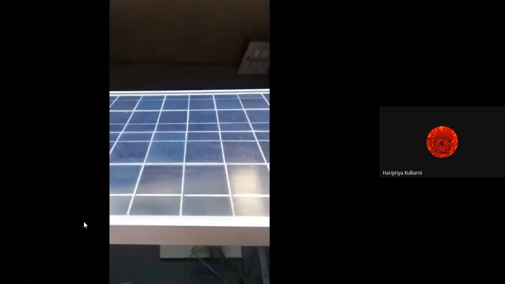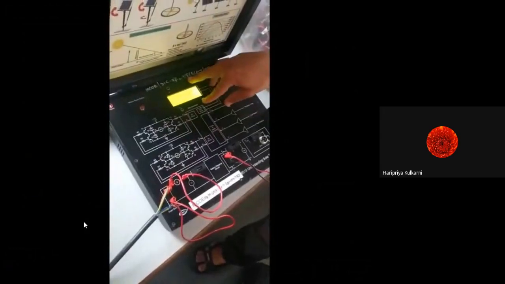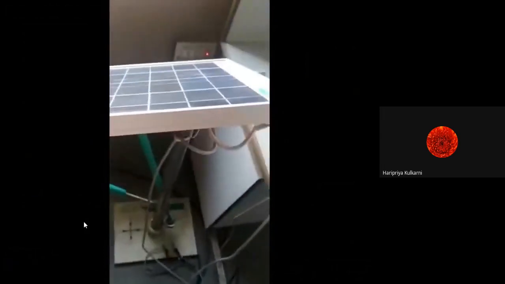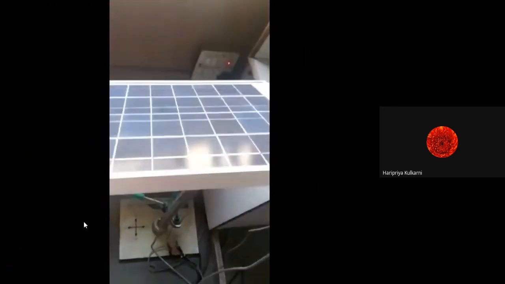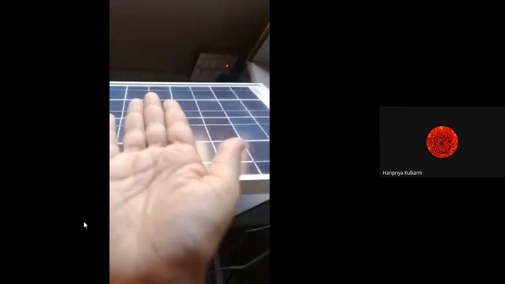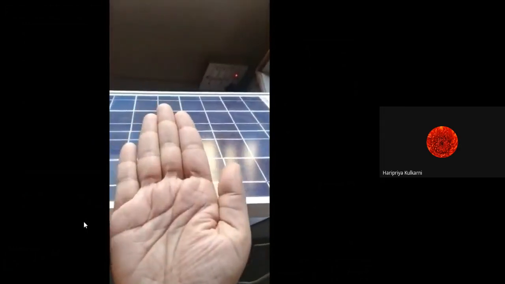Now I will try to move it towards the west direction, so I am pressing a switch here. Okay, so see, you can observe by pressing the switch we can make the motor on, and the panel is moving. Panel is moving like this. Okay, so let us stop here.